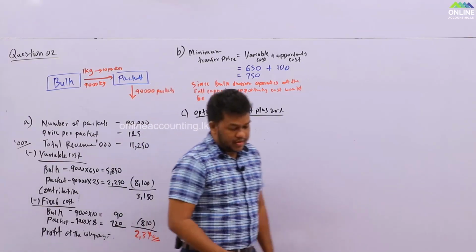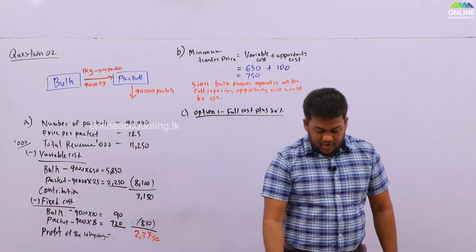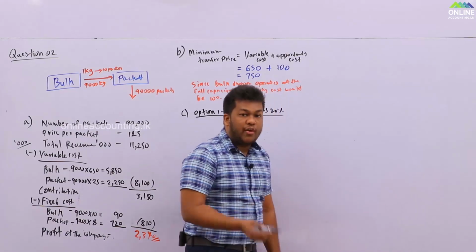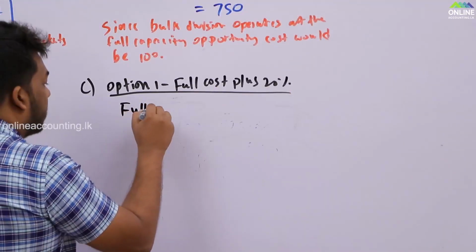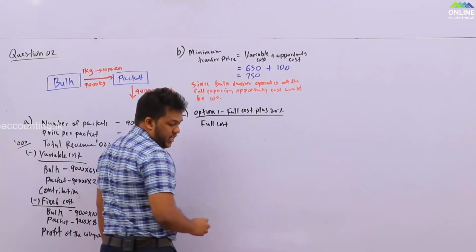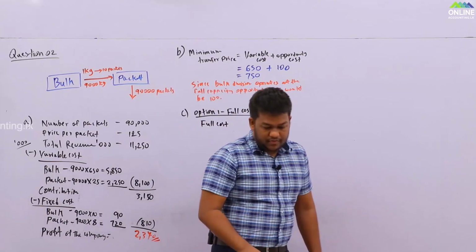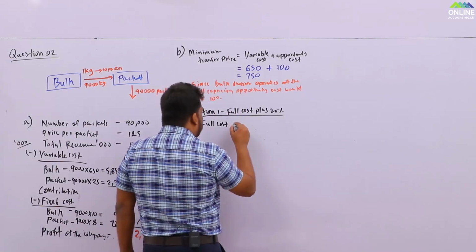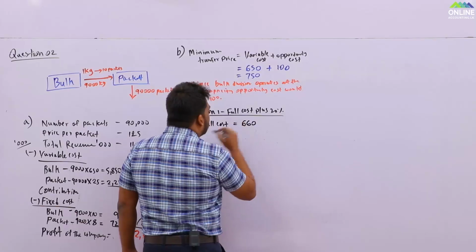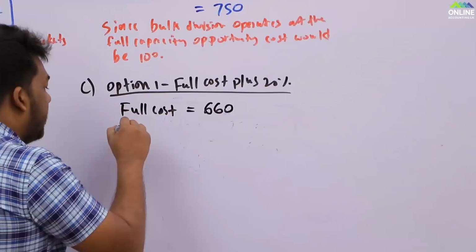So now first of all you have to have the cost, then the price. What is the full cost for bulk? Full cost is 650 plus 10. That is 660. This is the full cost, no? And the markup is how much?